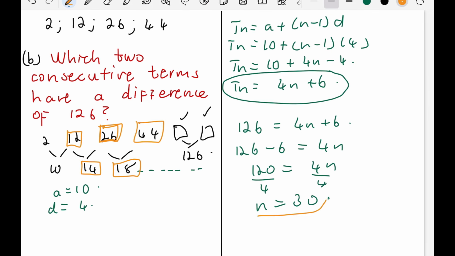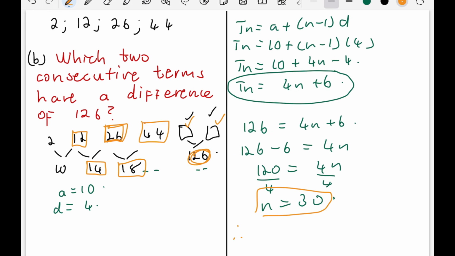So when n is 30 in our linear pattern, then it is between term 30 and term 31 of the quadratic pattern. So therefore, term 30 and term 31 have a difference of 126. Give this a thought, because it is actually quite a common question when you do quadratic sequences.